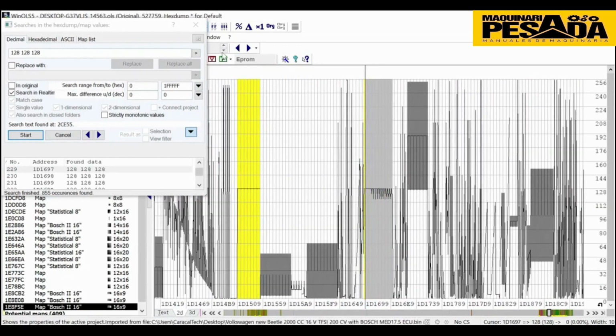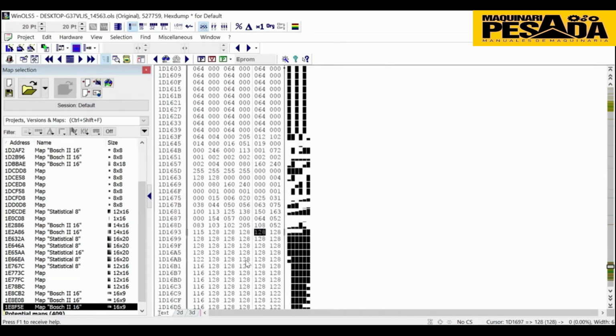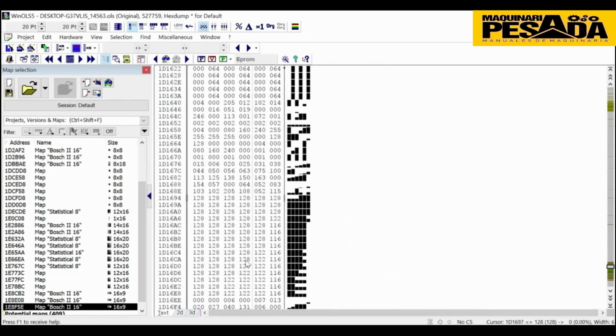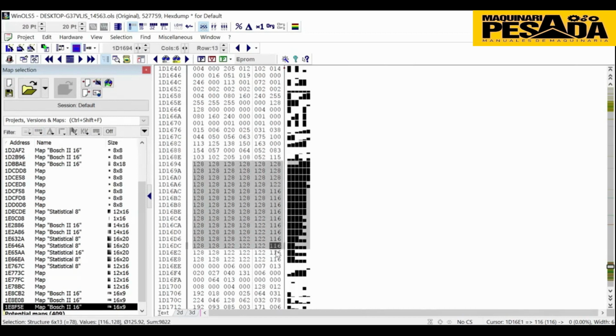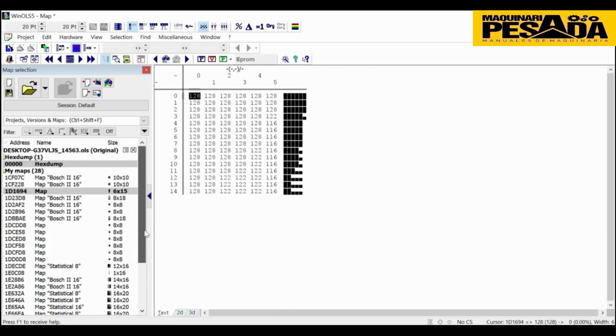Yes, 99% of the time in the Bosch ECU, it is in 6 by 15 dimension like this. Do you see? So we could find all of them.